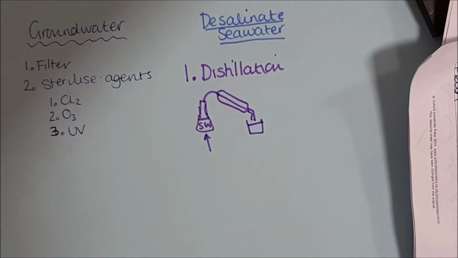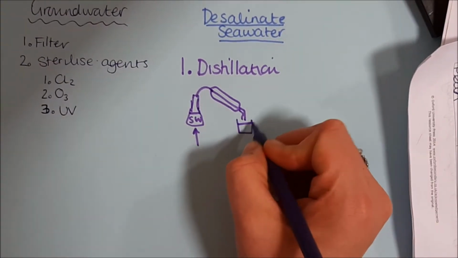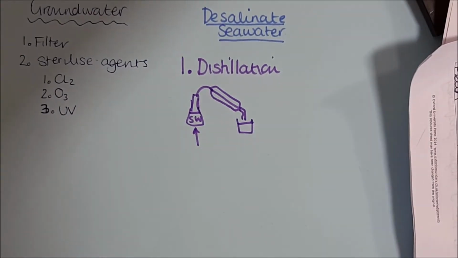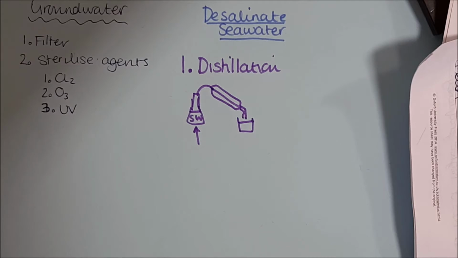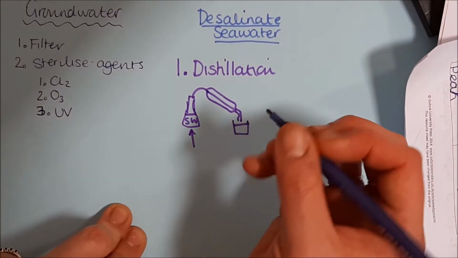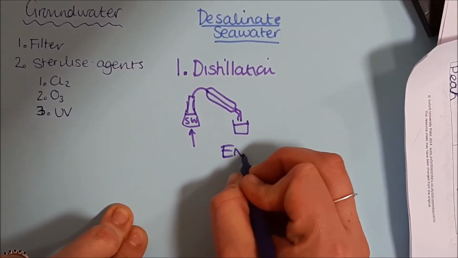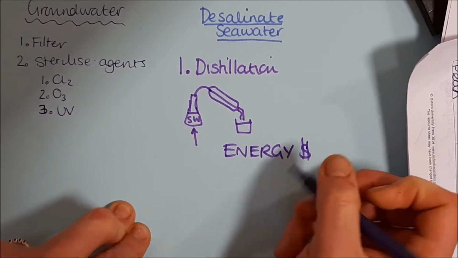We can check whether we've got potable water by testing it for microbes. We can test the pH, but remember the pH isn't necessarily going to be 7 unless it's completely pure water. Now, the problem with this is it requires you to heat something, so it requires a lot of energy, which makes it really expensive.